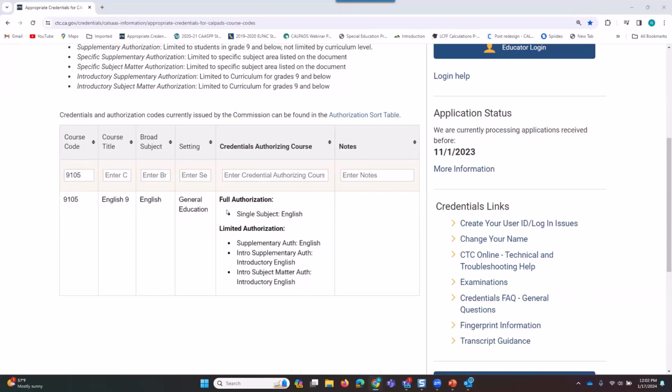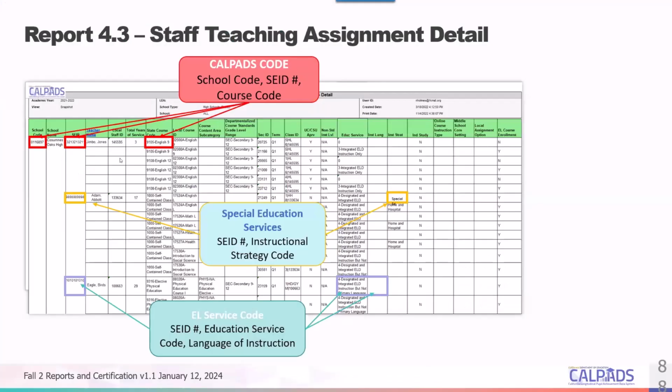You can see the authorizations that are required. And so your credentialing analyst can use this website as a tool, but they should know already. So that's how you would look at to see if it's a state course code. Perhaps the course code isn't appropriate, and it's the teacher's teaching the course and the students, and everything's fine in practice. Just the code that was used doesn't line up.